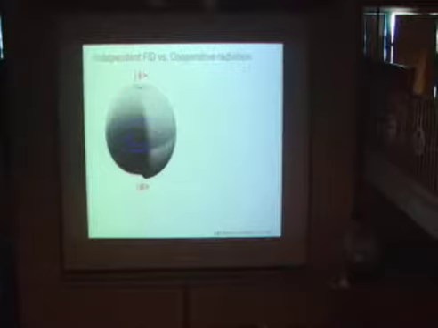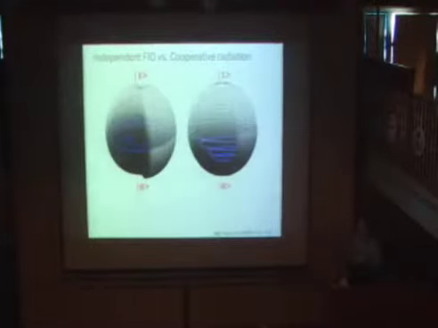But in a very dense Rydberg gas, this independent model is not always right. In a very dense Rydberg gas with large dipole moment, sometimes the radiation is comparable with the excitation.